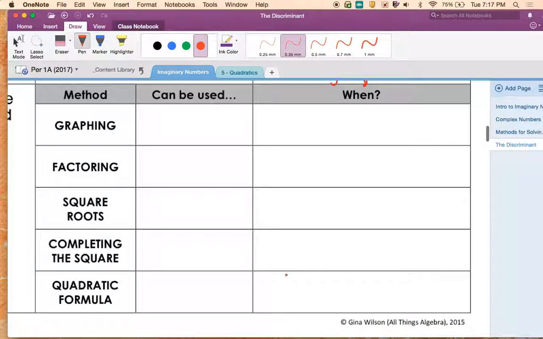Okay, let's go down here on our choosing the best method to solve. Okay, so this is how we can tell what is a good method to use based on the function that we have. Graphing. We can use this sometimes. When is it the best time to graph? When our roots are integers.